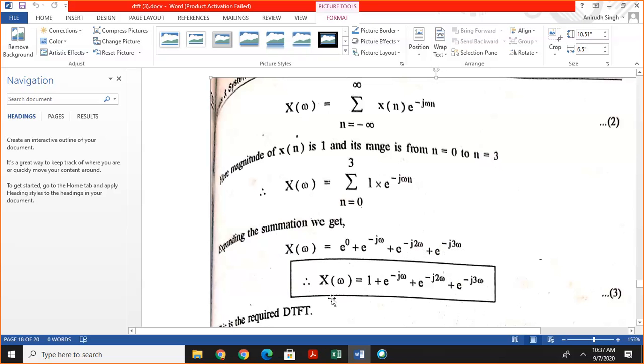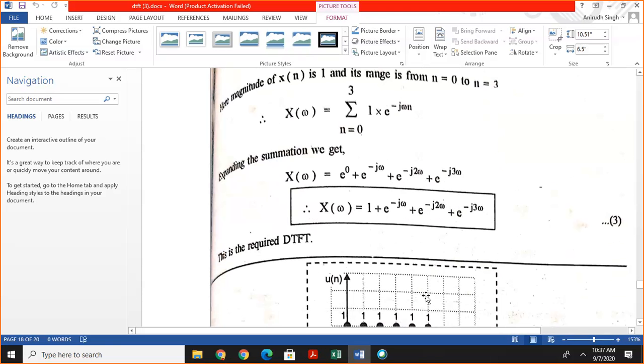So X of omega is given by 1 plus exponential minus j omega plus exponential minus j 2 omega plus exponential minus j 3 omega.